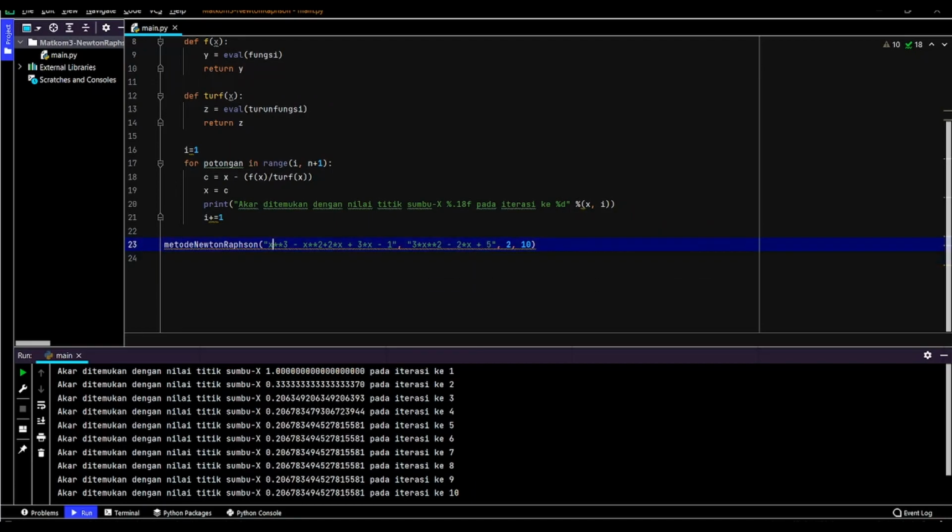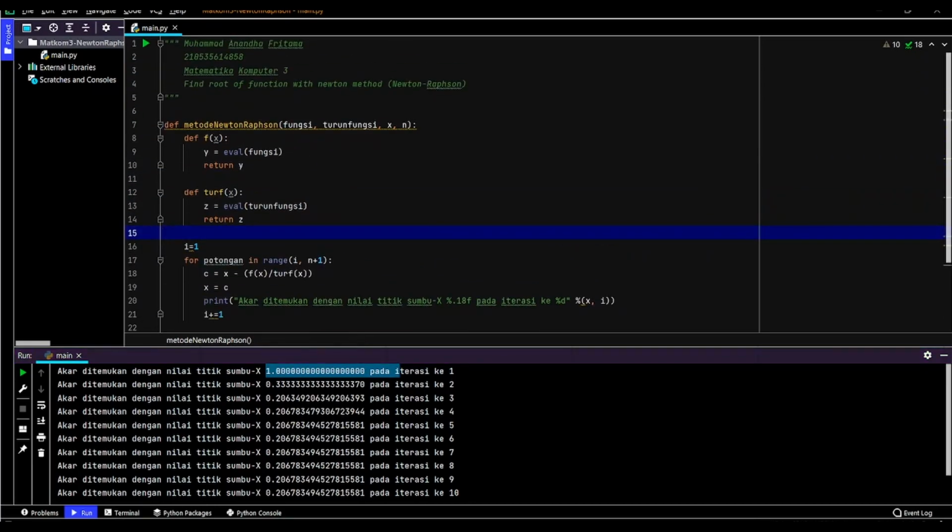So the real function and the derivative function have the same value, 13. We'll go to this method: fx is 13 and the derivative is 13. 13 divided by 13 is 1, and then x, the first initial value, is 2. 2 minus 1 is 1. So this is the Newton method to find roots.